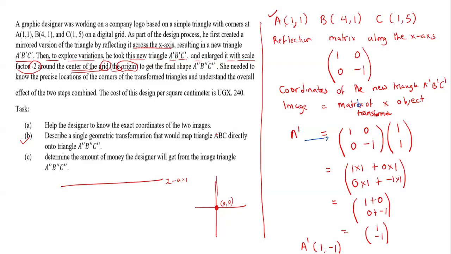How can we do it directly? That is where we are going to concentrate. Initially, remember we had A, B, and C. We went on and obtained our image A prime, B prime, C prime.